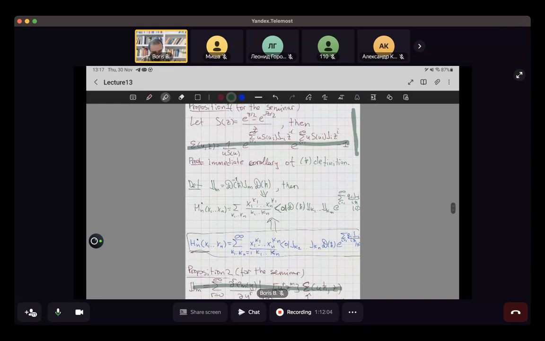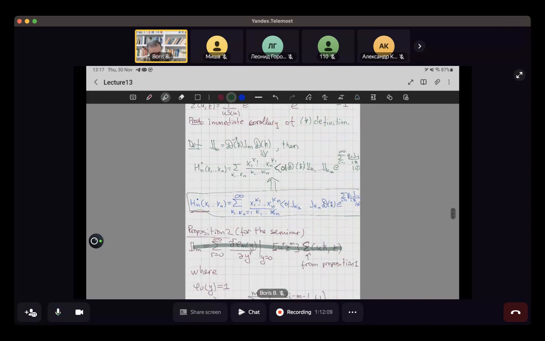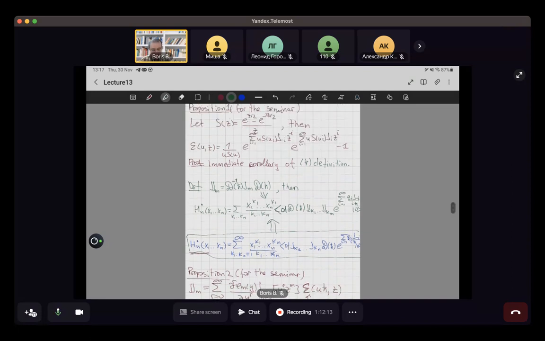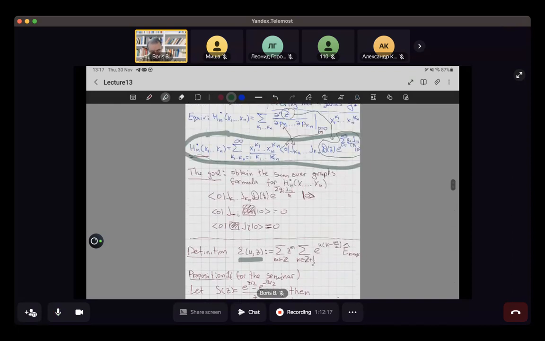So my claim is that I'm following the plan, to somehow write this expression in terms of J minus and J plus operators, and now I want to compute them to eliminate this vacuum and co-vacuum.